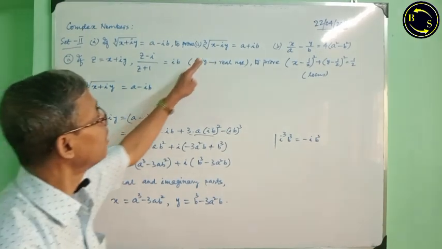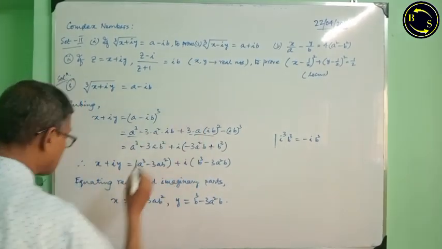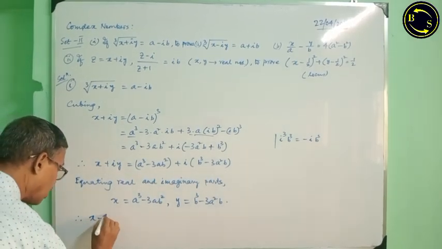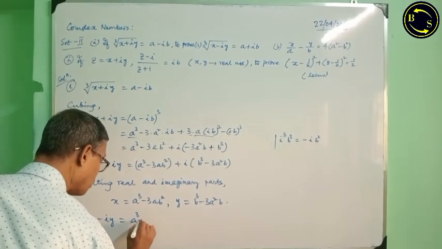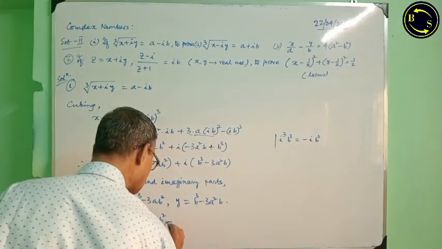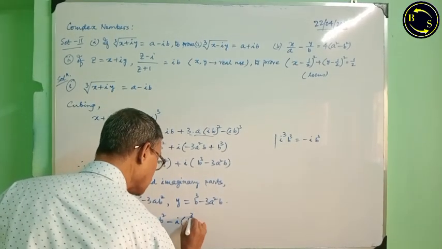Now for the first part, x minus iy. I calculate first x minus iy. Therefore x minus iy will be equal to a cube minus 3ab square minus i into this.